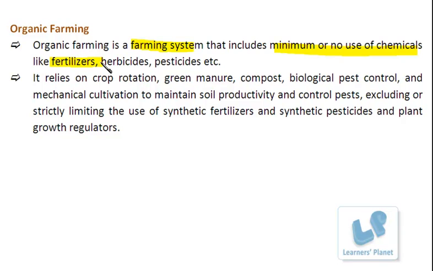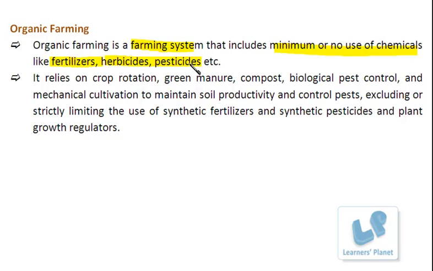It can be the fertilizers which are added to the soil for increasing the fertility, or the pesticides, herbicides or weedicides and so on. All these chemicals are not used in such type of farming. Rather, they depend on eco-friendly things for the farming practices, for example the use of biofertilizers, isn't it?